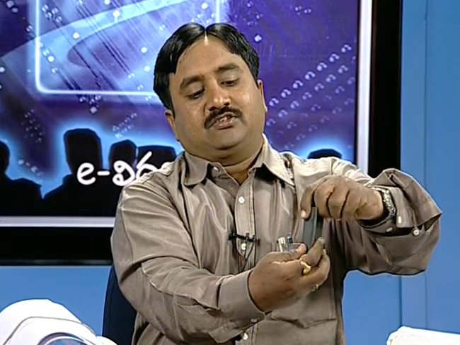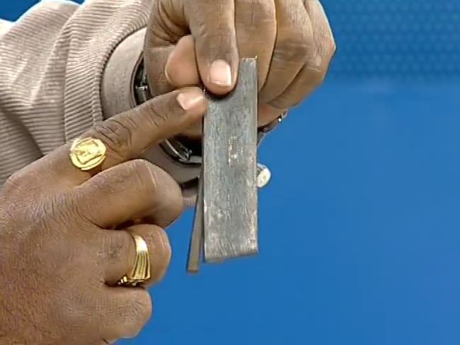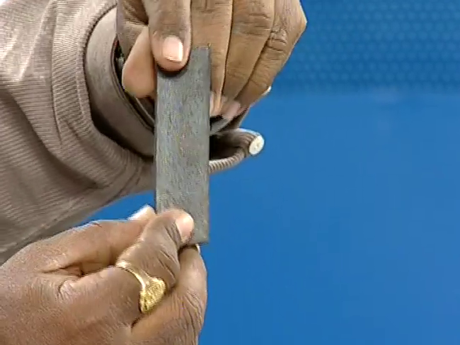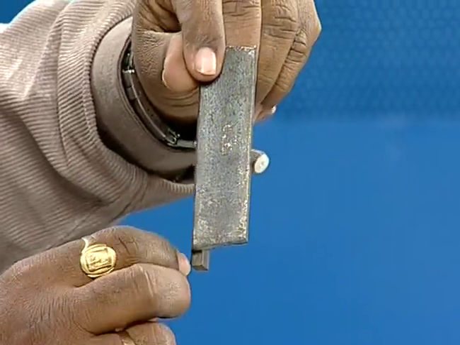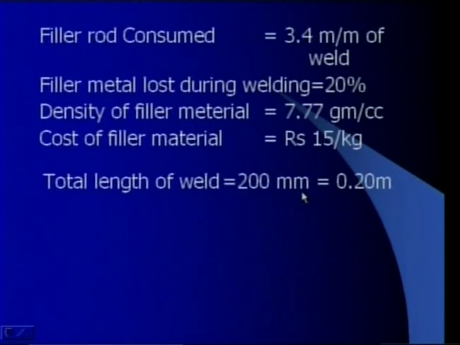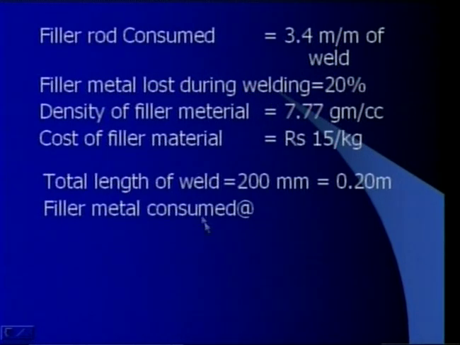So, that is what you are asked in this question. After edge preparation, we have to make welding in this direction, inside and outside. For this one, we will make use of this data. So, this is the data given to us.